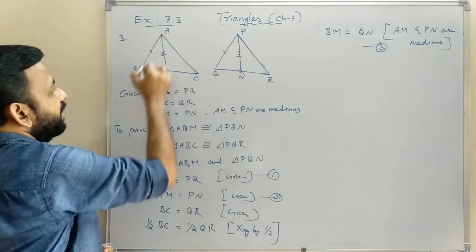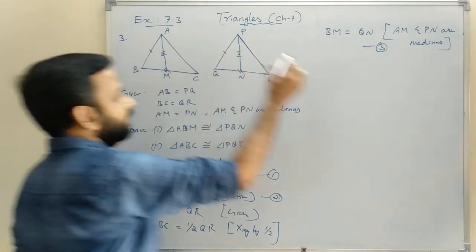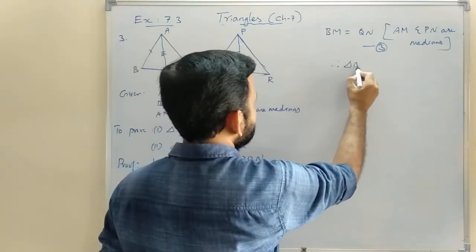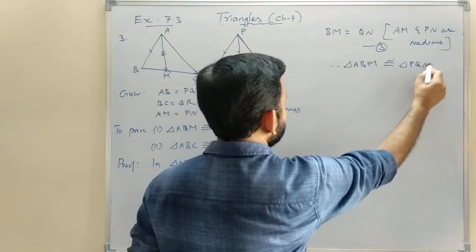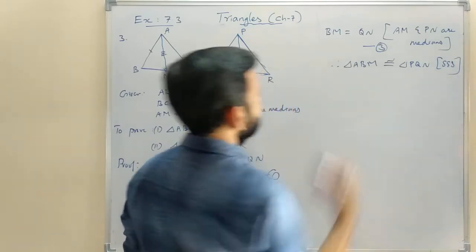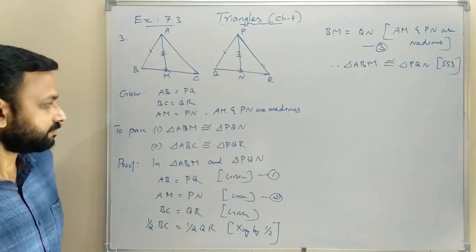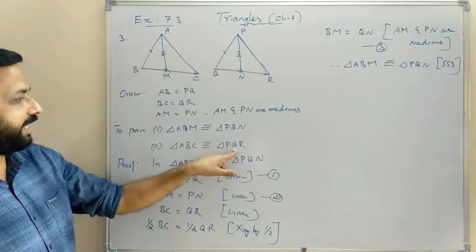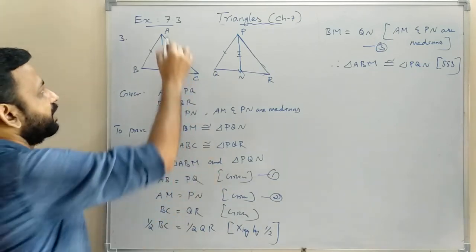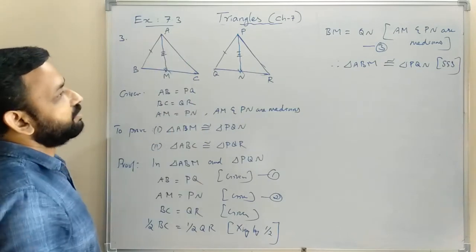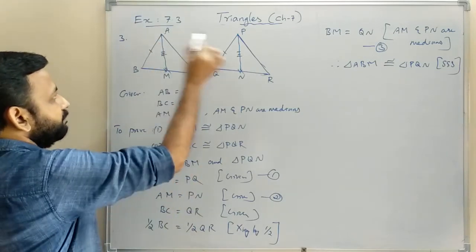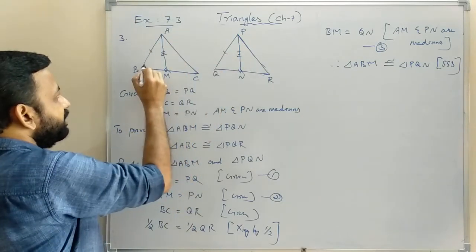Therefore, triangle ABM is congruent to triangle PQN by SSS theorem. Now we have to prove triangle ABC congruent to triangle PQR. If triangle ABM is congruent to triangle PQN, then angle B equals angle Q. Reason: CPCT.